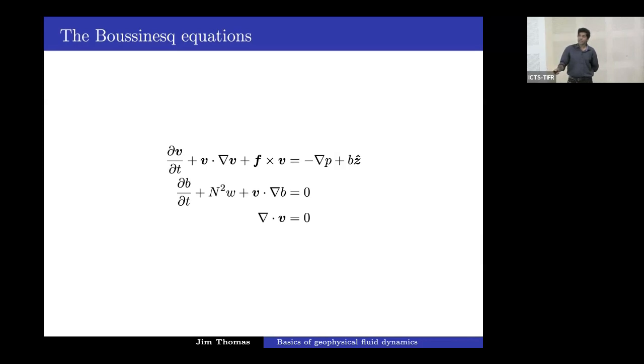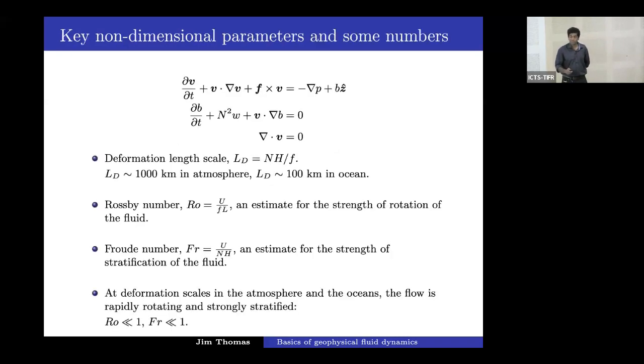And N corresponds to the time scale associated with density stratification. So we have two time scales associated with these equations, but no explicit length scales, which is a very interesting feature of the Boussinesq equations.